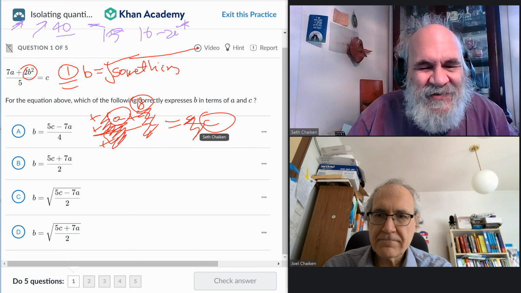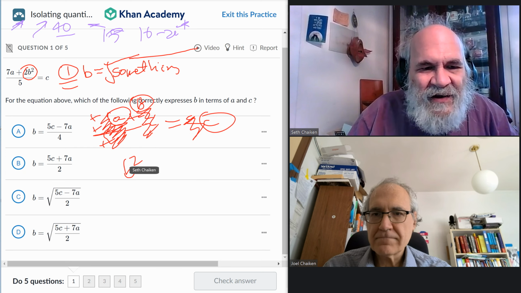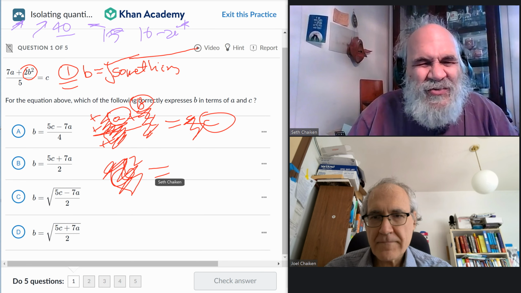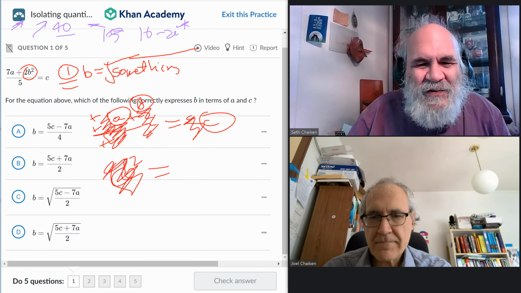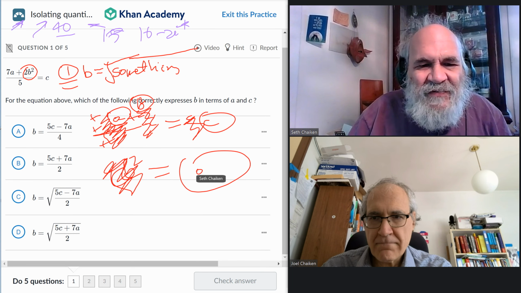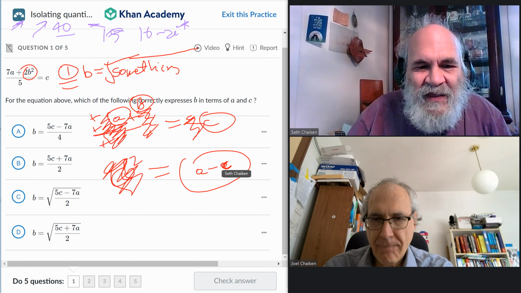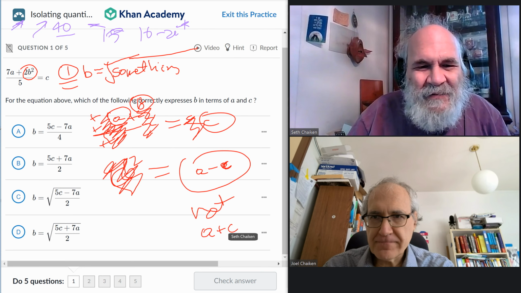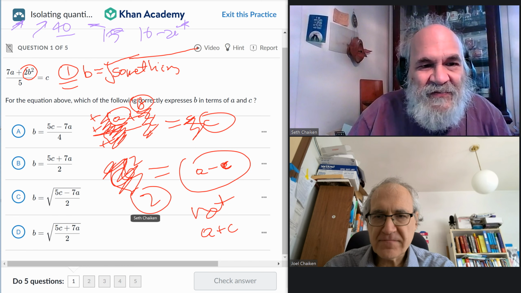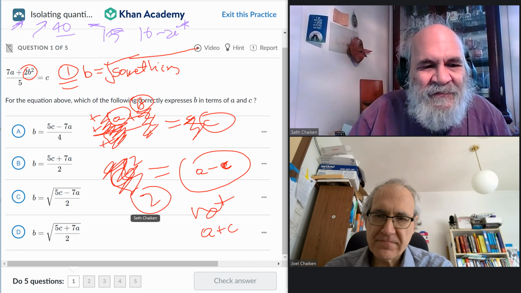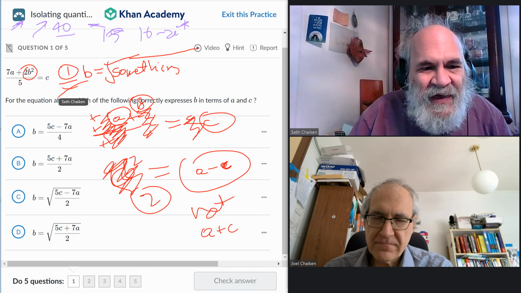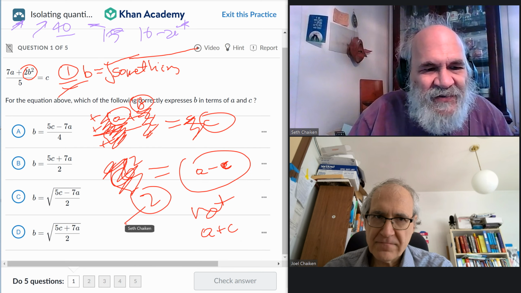In order to get the B squared with junk on the other side, you have to do some subtracting. So the answer has to involve a difference between an A and a C, not a sum of A and C. So this is observation 2. The only answer that fits observation 1 and observation 2 is this one.